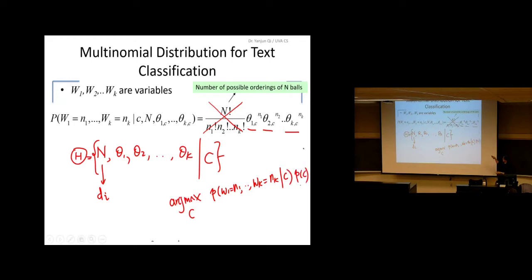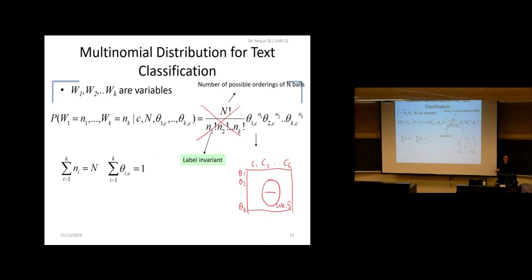You just substitute this thing in here, and because you're doing argmax over C, and this quantity is not relevant to the C at all, that's why this is the one you use to perform classification. This actually saves a lot of calculation, because they are label invariant.